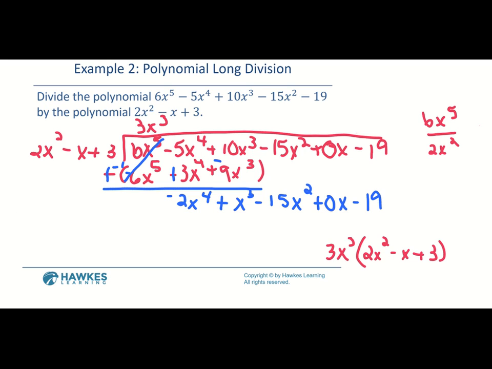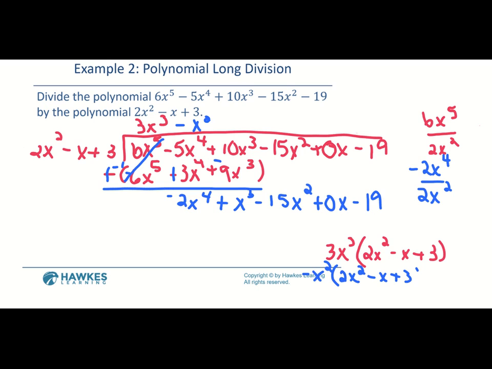This time we're going to take negative 2x to the 4th and divide it by 2x squared. So that's going to leave me with a negative x squared, or 1x squared. Okay, so now we are going to multiply x squared times a negative x squared times 2x squared minus x plus 3.